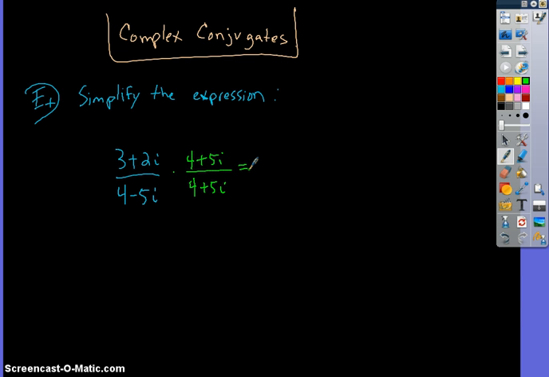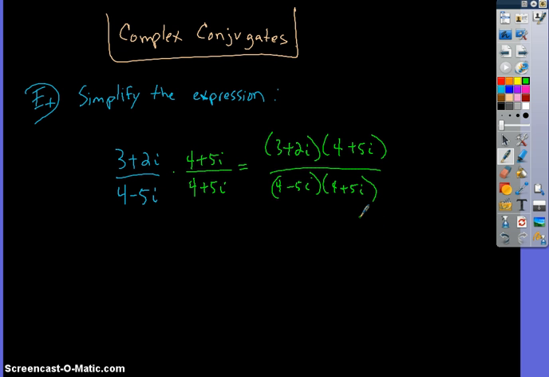So when I do that, my numerator is now 3 plus 2i times 4 plus 5i, divided by 4 subtract 5i times 4 plus 5i. You're going to multiply those together, and I kind of know what the bottom is going to wind up being: 16 plus 25.